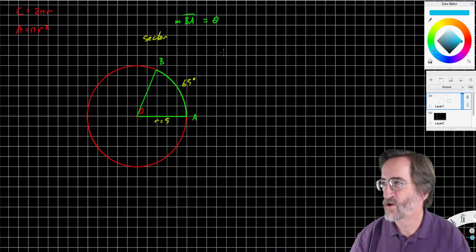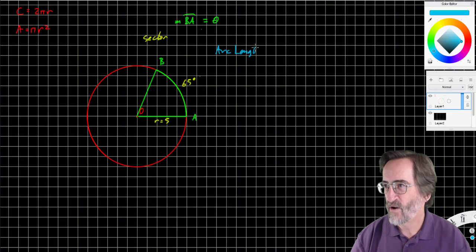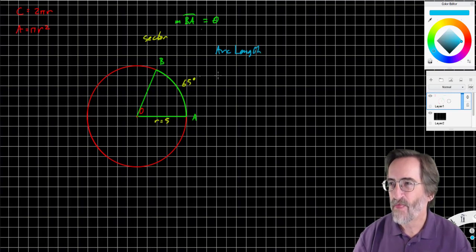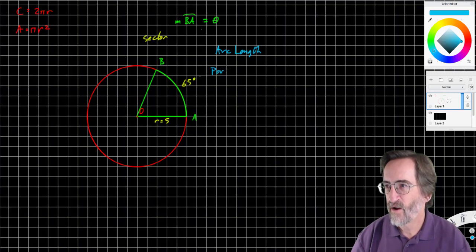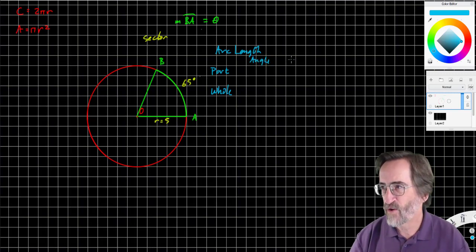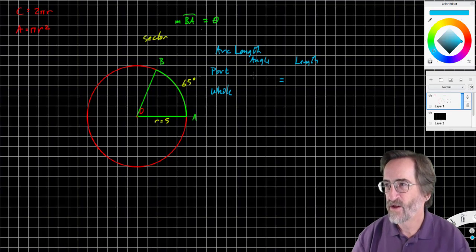Okay. So let's find the arc length. Let's do arc length right here. And here's the model. We're going to do it this way. Part over whole. Part over whole. And we're going to look at the angle as opposed to the length.